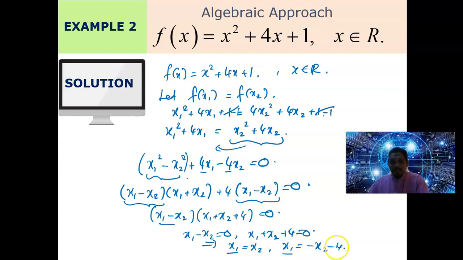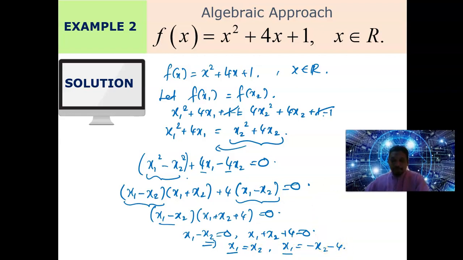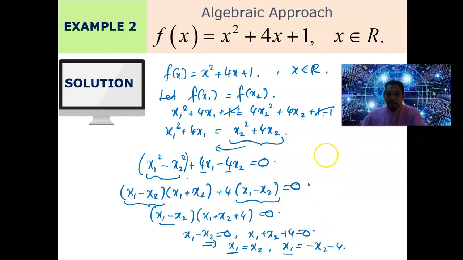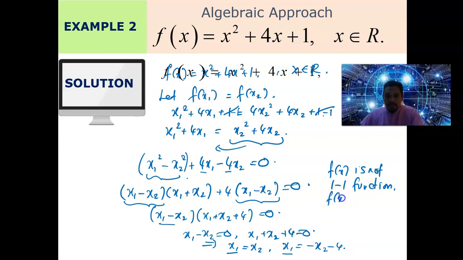Okay, so meaning it's not a one-to-one function. There are two possible values of x. So then f(x) is not a one-to-one function, meaning that f(x) has no inverse.